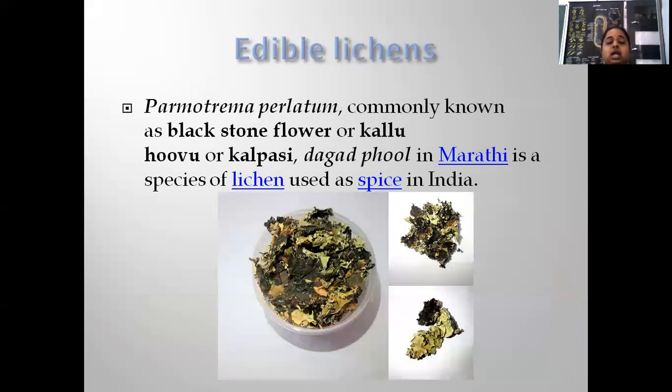Now there are some lichens which are edible, which can be consumed. There is a lichen called black stone flower, which is the English name. In Kannada we use the term kallu huvu, meaning it is found on rocks, and huvu is flower. In Marathi we use the term dagad phool.